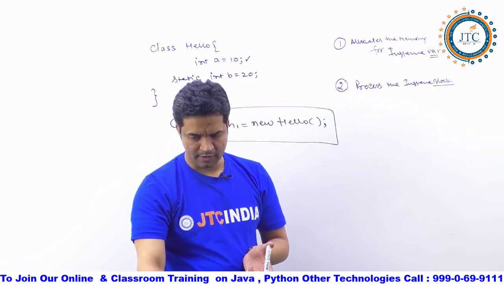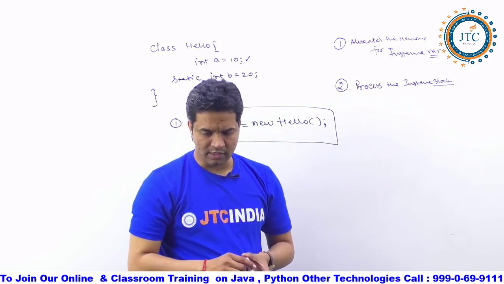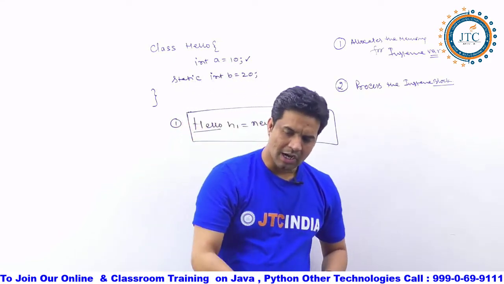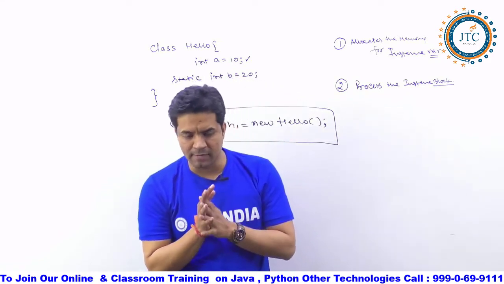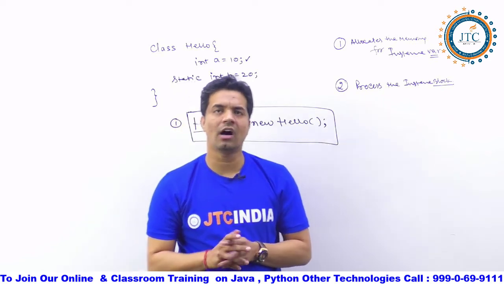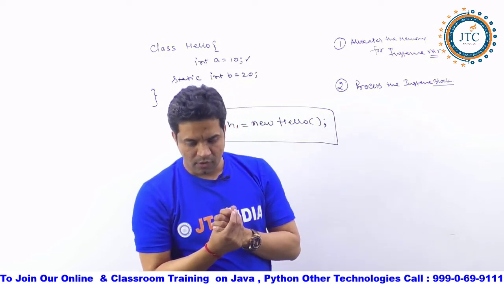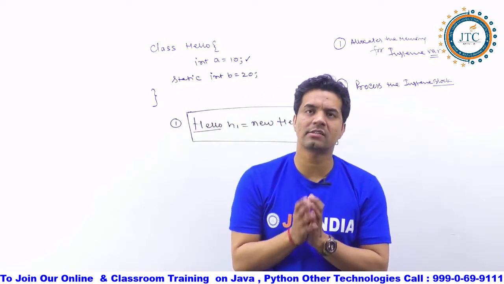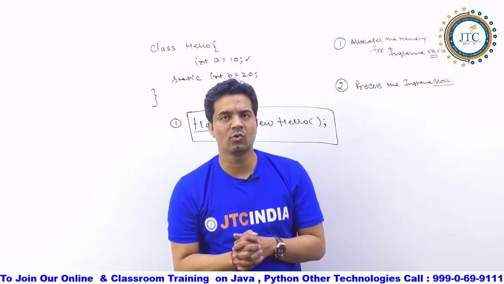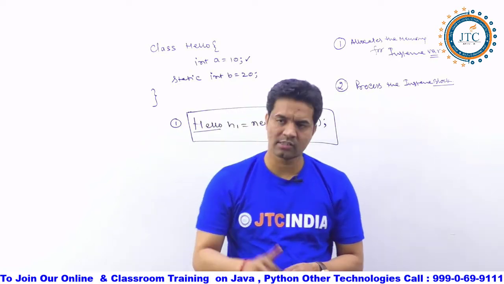No questions? Fine. So we'll do one thing now. I'll write one example for you to understand how things work for the instance variable as well as the static variable. Okay, let's have a look.